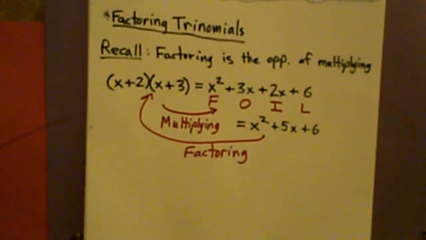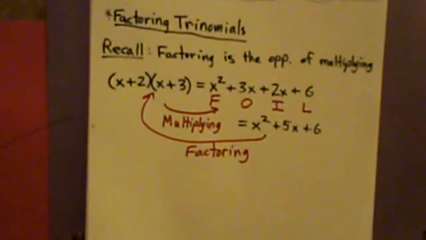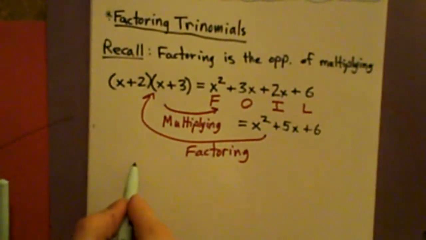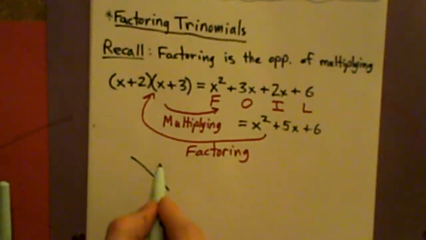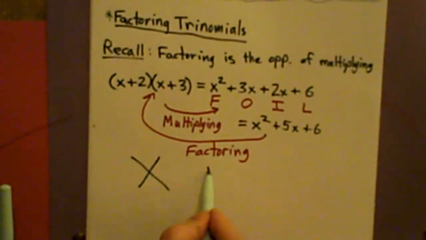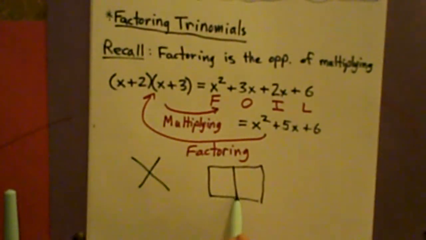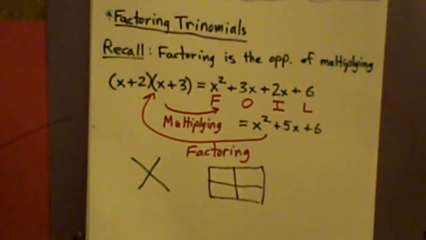Now, in your previous algebra class, you should have learned how to do this. There's actually a bunch of different methods that teachers teach their students. Some of you may have created a diamond with a box, or used an approach that involves factoring by grouping.